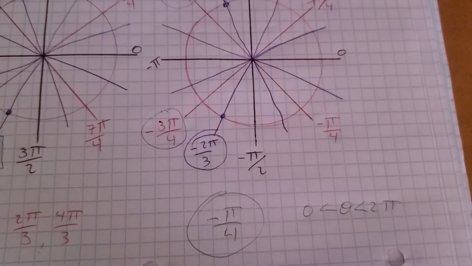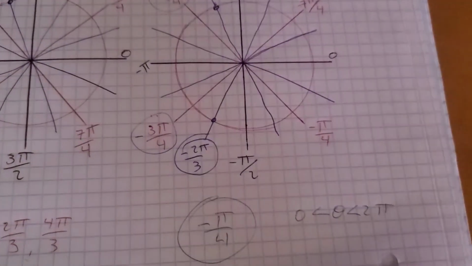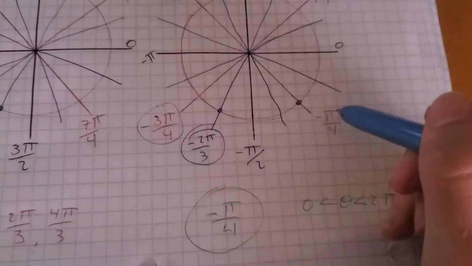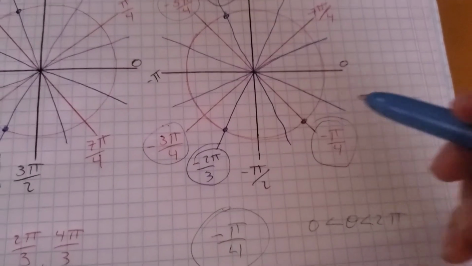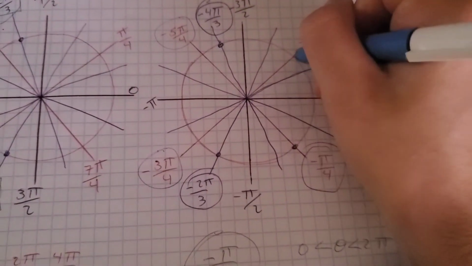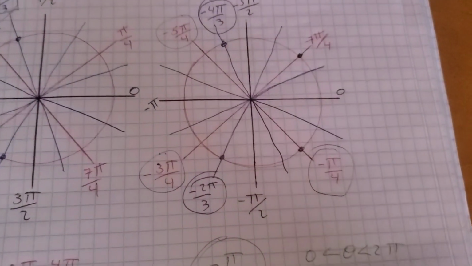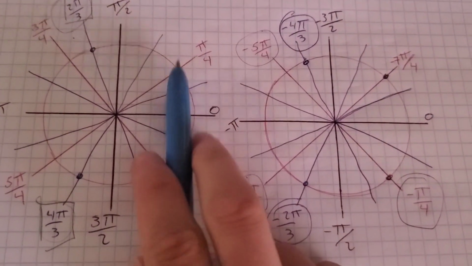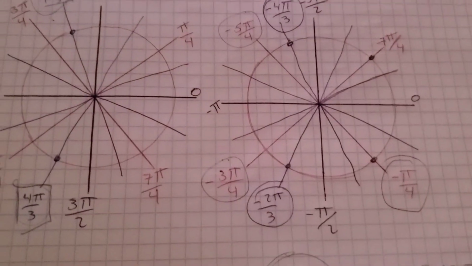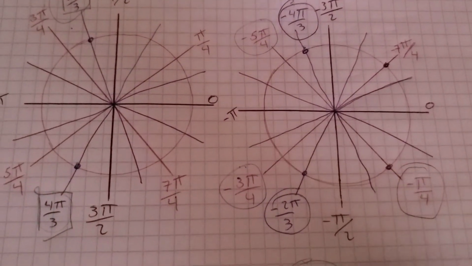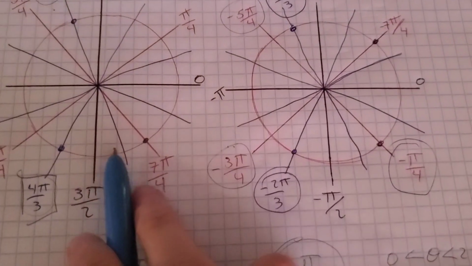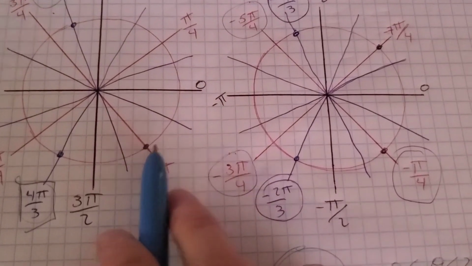We got this as the only answer, which in the negative unit circle, negative pi over 4, is found here. To make it positive, it just switches upward, reflected.